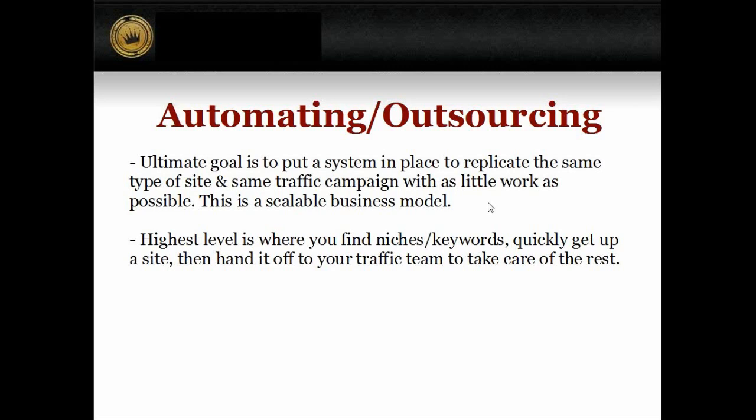So the way that our business works with this stuff now is that we often do our niche and keyword research, because like I said at the start, I find that the most important part of the process. I haven't trained someone up yet to be as good at niche research as myself and my business partner are. So we do that, and then from there things get handed off.